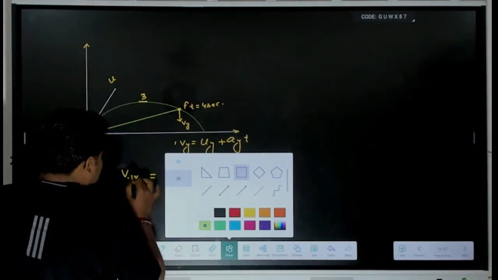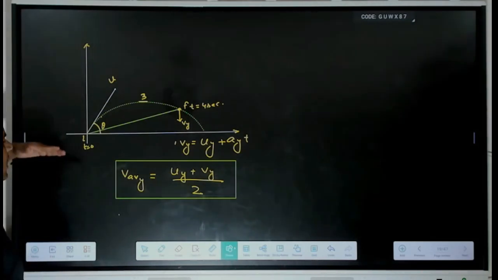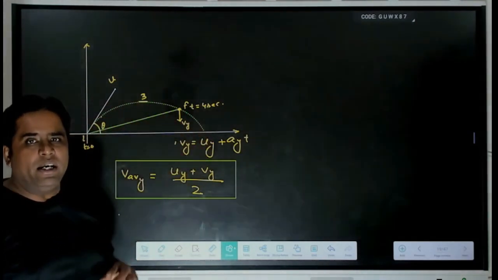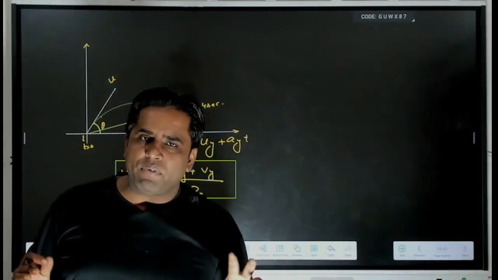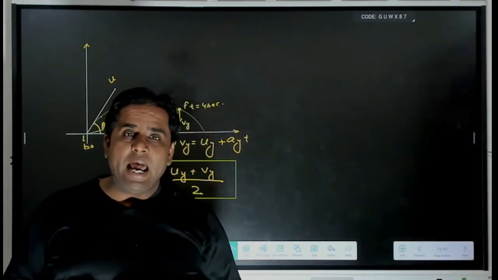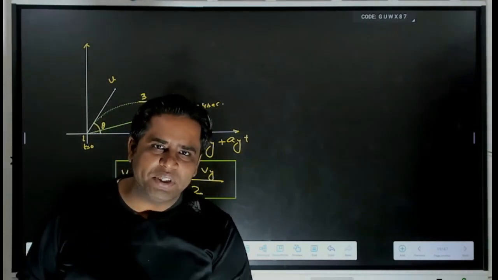So if we have found the average velocity at two points at the same horizontal level, by using the same formula we can find the average velocity between either of the points lying in the region of projectile motion. Are you getting my point, students?